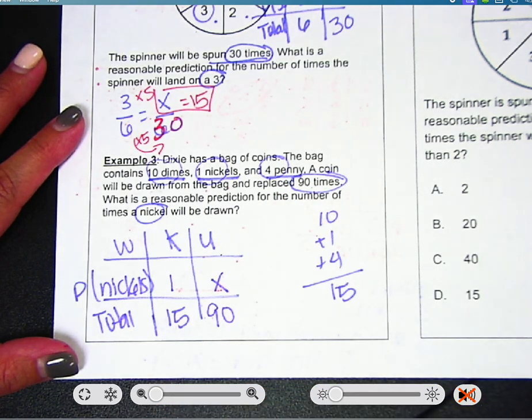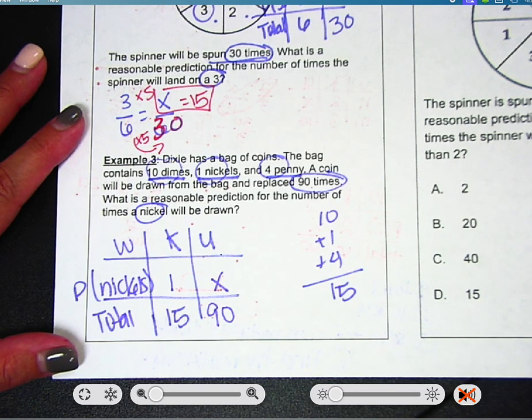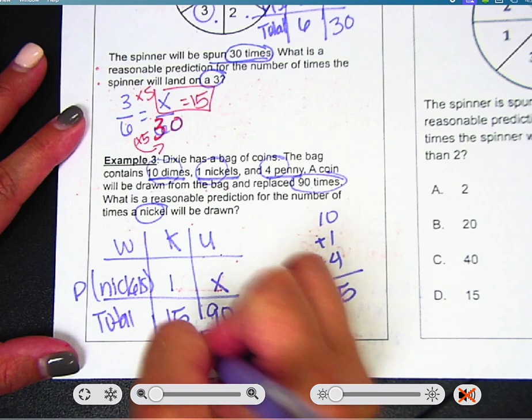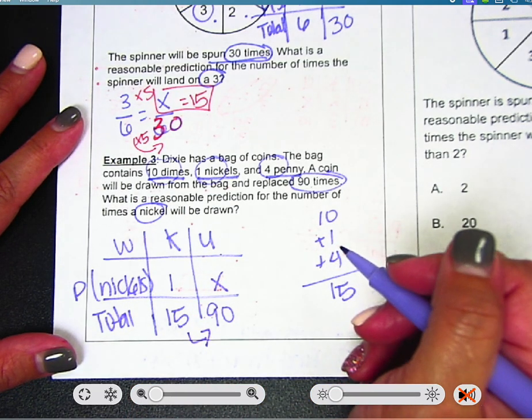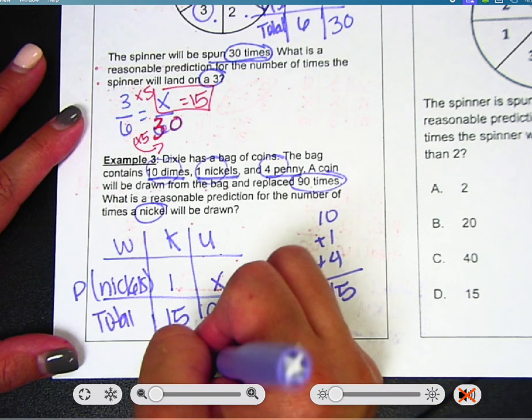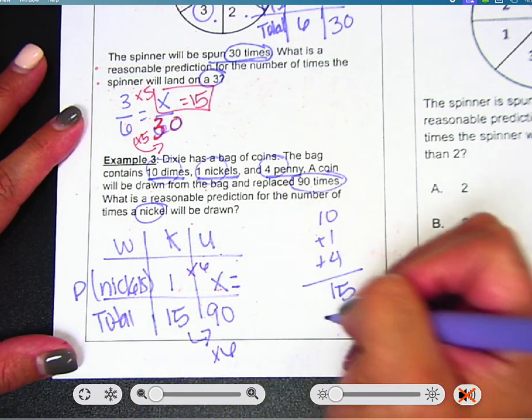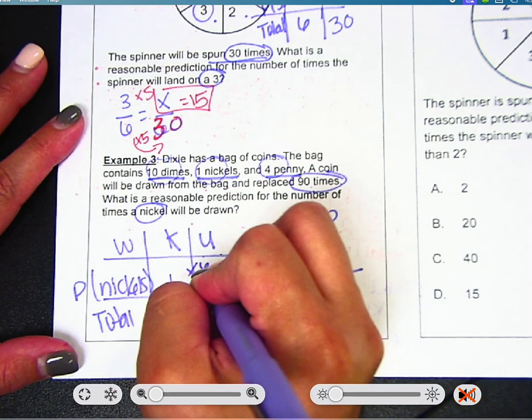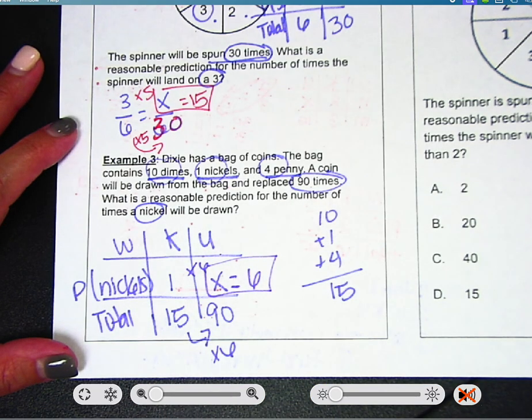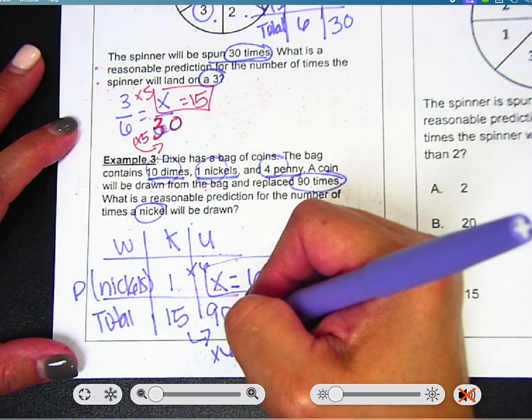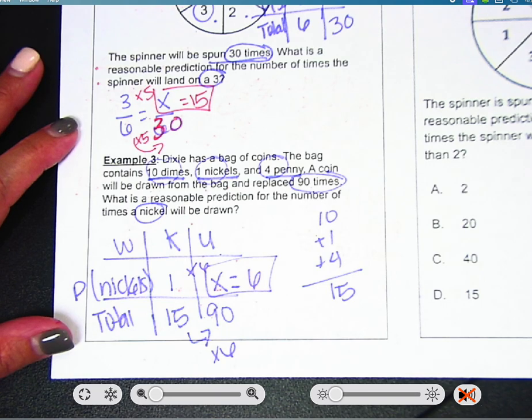And I'm going to do my x. So I can say 15 times 6 gives me 90. So I would do 1 times 6, which is 6. So x equals 6. Or you can also do 1 times 90 divided by 15. You will still get the same answer.